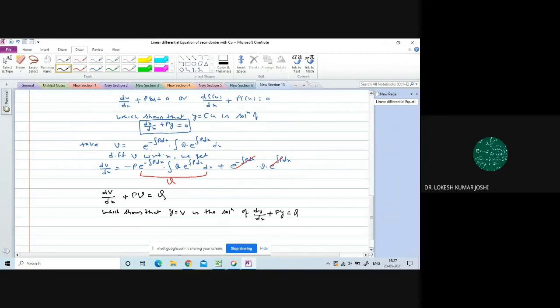Now you see carefully, y equals cu is the solution of dy/dx plus py equals 0, and this v is the solution of dy/dx plus py equals q.